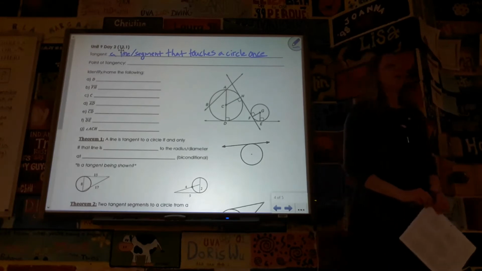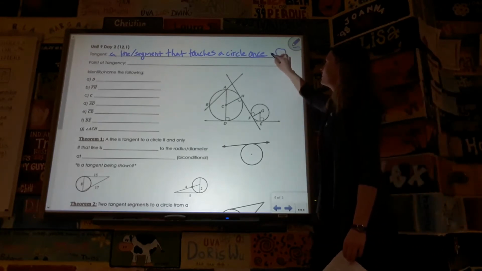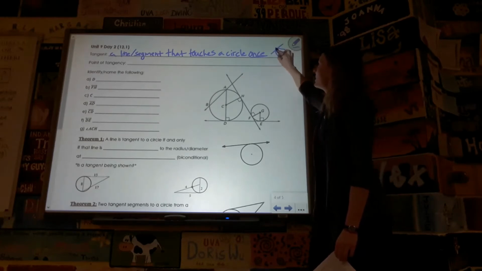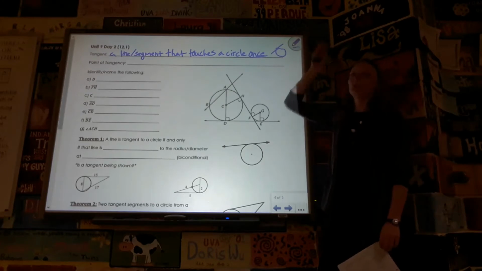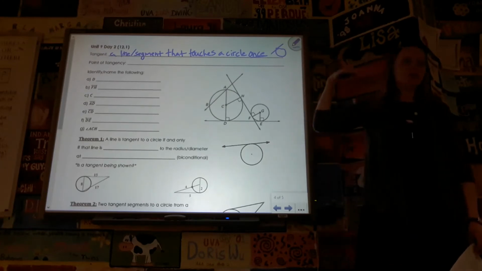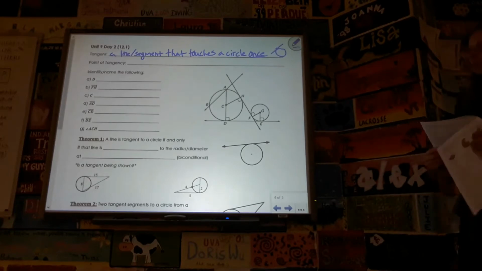If you want to draw a little illustration of what a tangent is, you can draw a little circle here, and then you can draw a line like this, and then draw a point like that. So that line or segment that you drew, where it just barely touches the circle, but it only touches in exactly one spot, that is a tangent, okay?